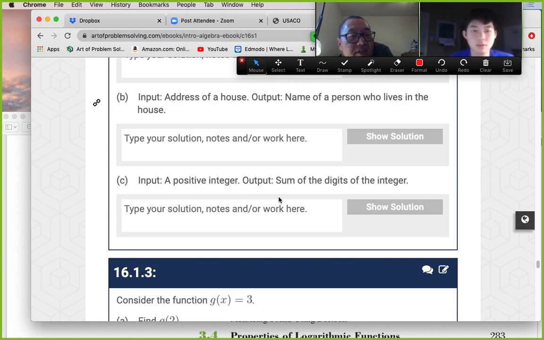Now let's see C. Input a positive integer. Output sum of the digits of the integer. This one is a function.